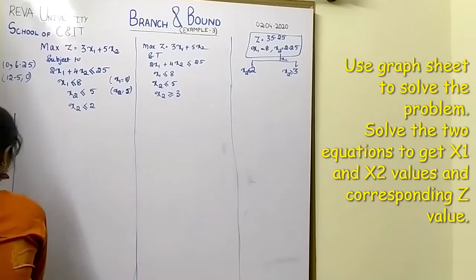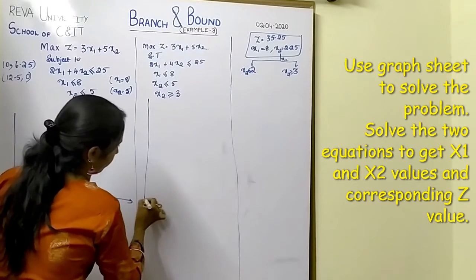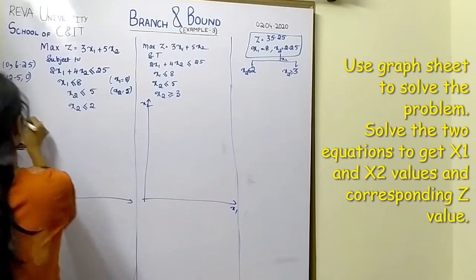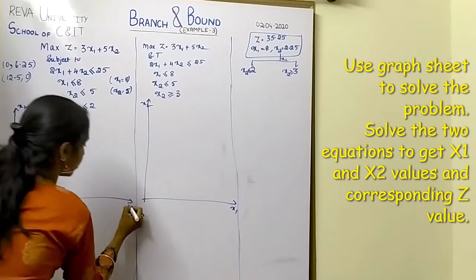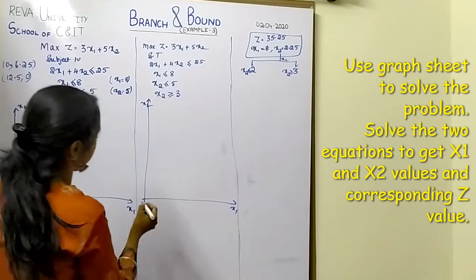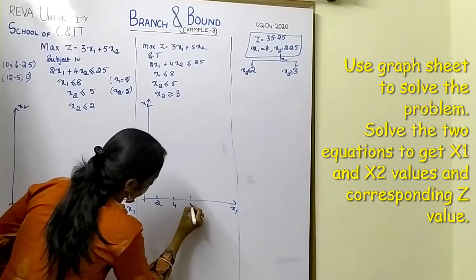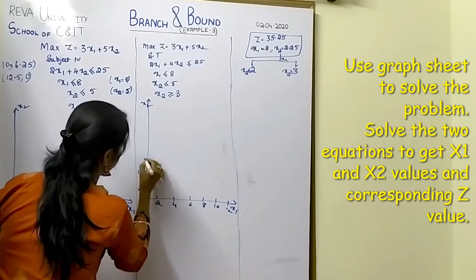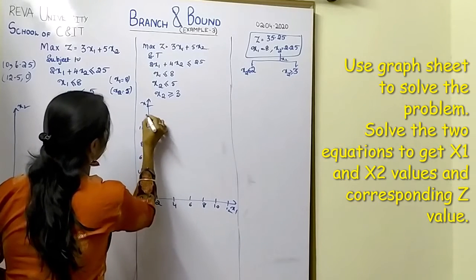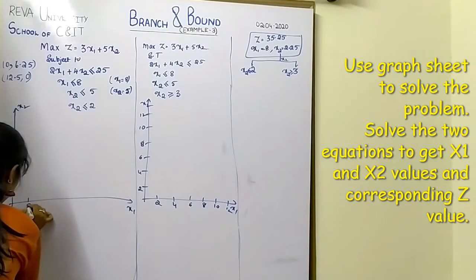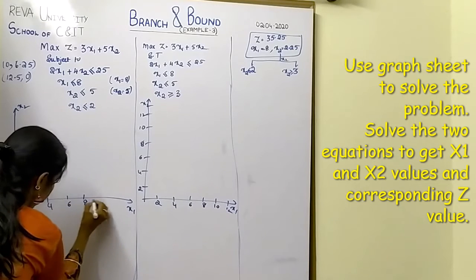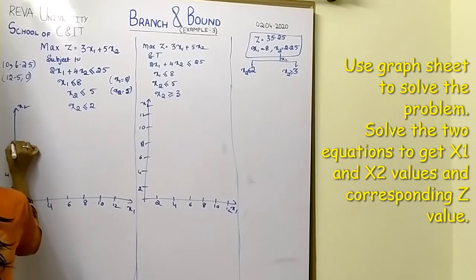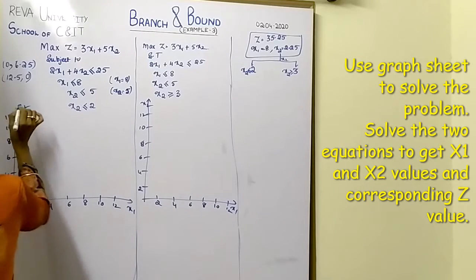So here this will be x1 axis, this is x2 axis. So 2, 4, 6, 8, 10, 12.